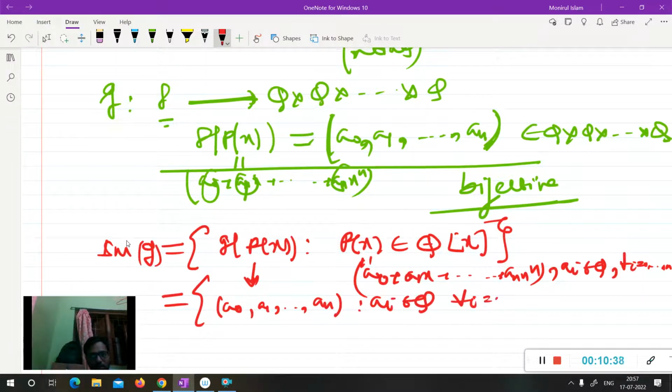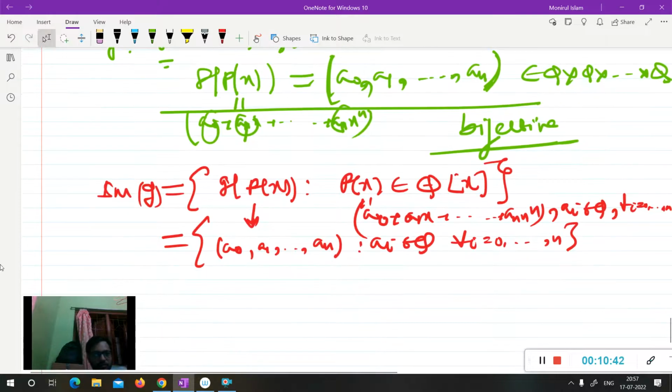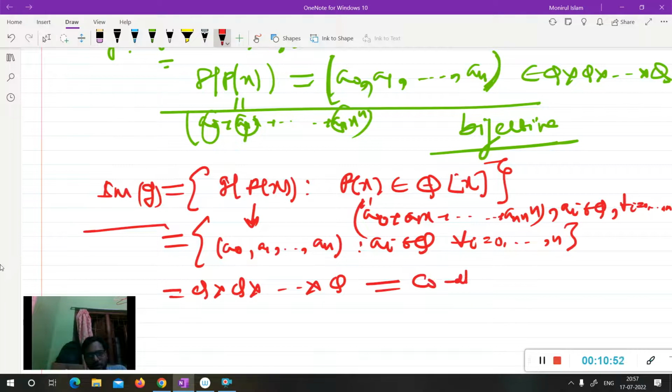So you can say this is nothing but the set Q cross Q, n times. So the image is equal to the codomain of the map.